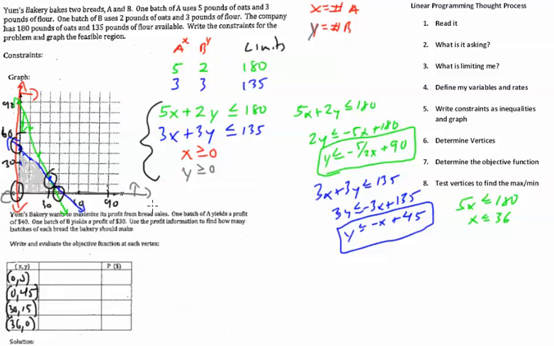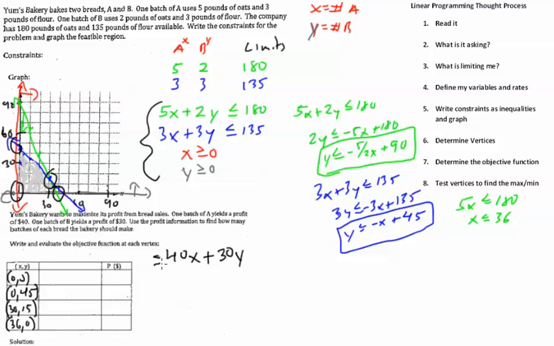Yum's Bakery wants to maximize its profit. Like any business, they want to maximize their profit. Each batch of A yields a profit of $40. Well, I already have a variable for the number of batches of A. That's x. And they get $40 for every batch. So if I multiply 40 times the number of batches, that's the profit they get from the batches of A. Now batch B gives a profit of $30 per batch of bread B, and I have y number of B batches.